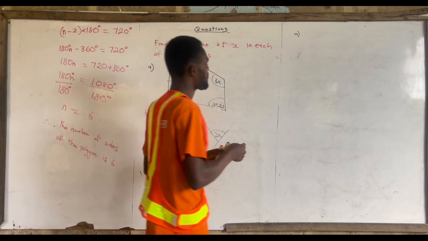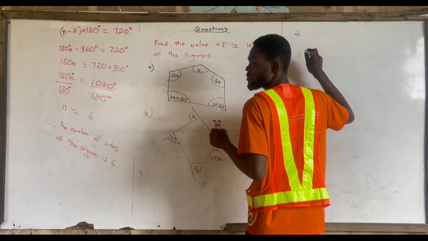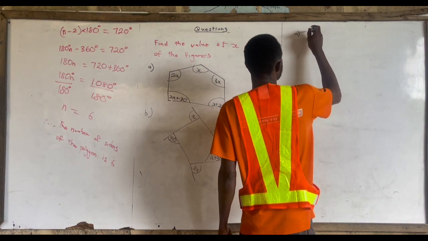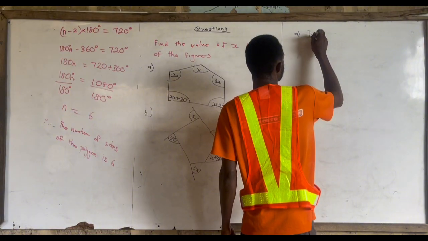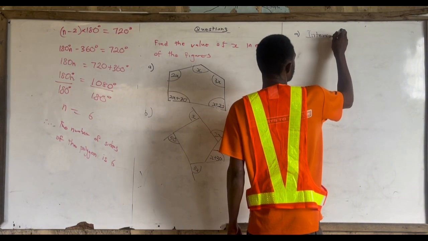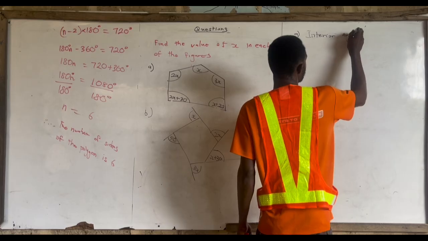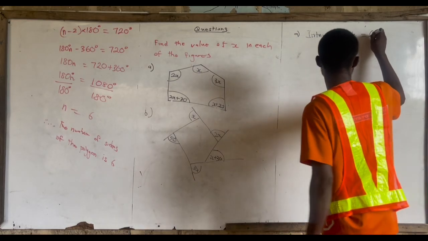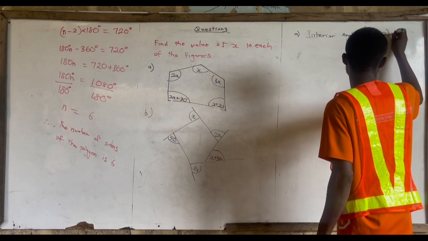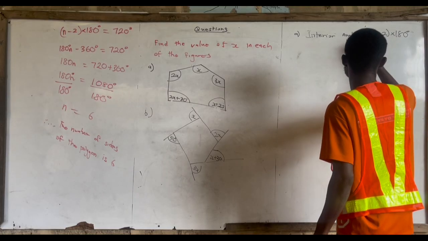We know the formula for finding the sum of interior angles of a regular polygon: the sum is equal to n minus 2 times 180 degrees.